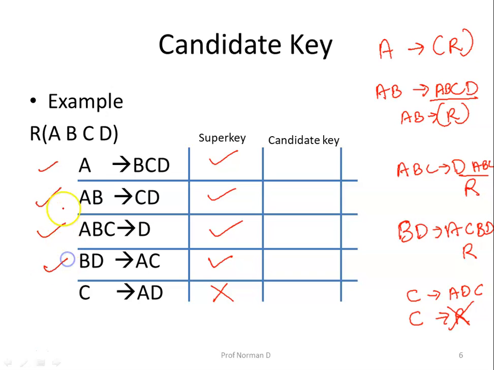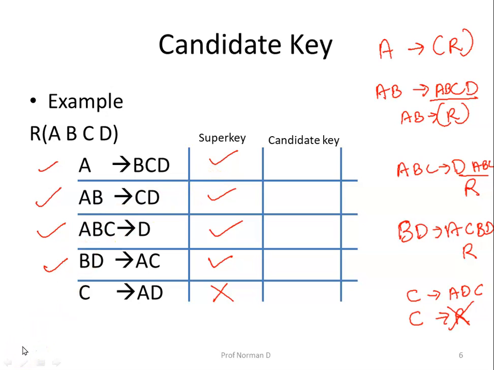Now if you look at this relation, the first FD, we have A which determines the entire relation R, AB determining the entire relation R, ABC also giving you the entire relation R, BD giving you the entire relation ABCD. Now, from this given set of FDs, you have to find which is a candidate key.